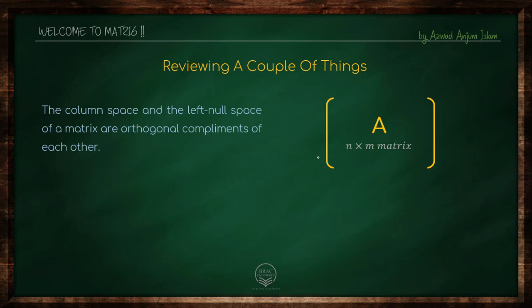So if we take the column space of this matrix, its orthogonal complement is going to be the left null space. But we also know the left null space of a matrix is just the null space of the transpose matrix. So what I'm saying is the column space of a matrix is going to be perpendicular to the null space of its transpose matrix.